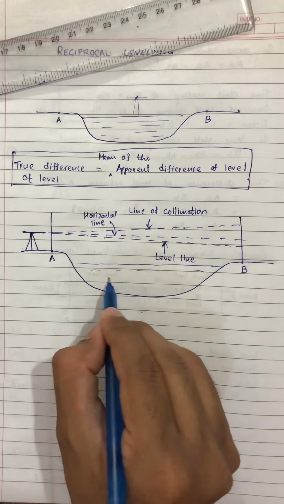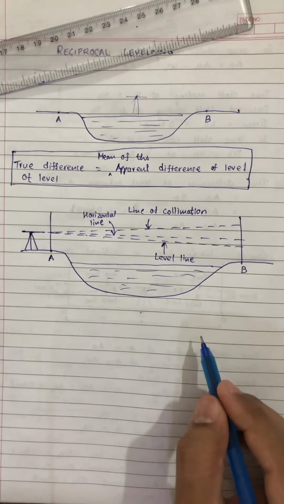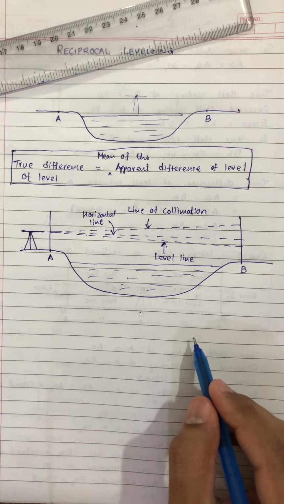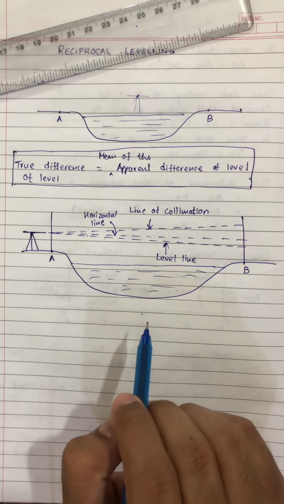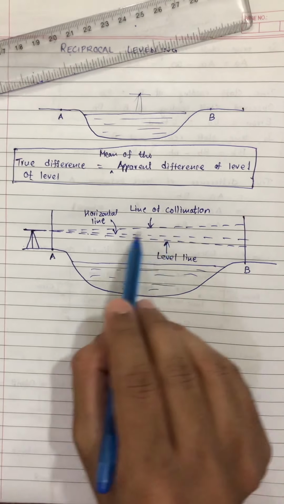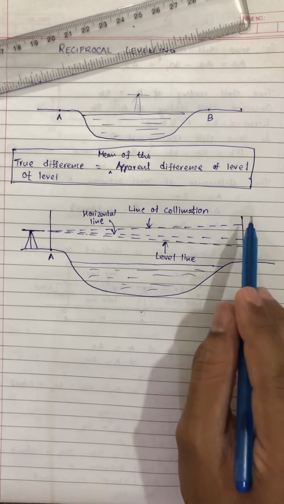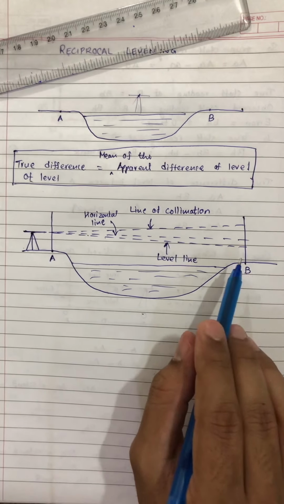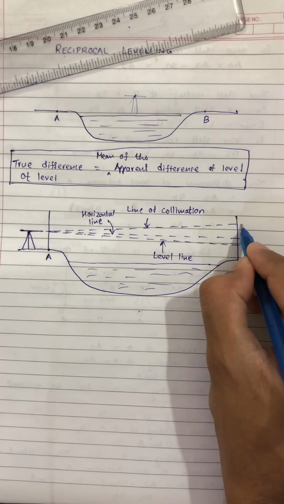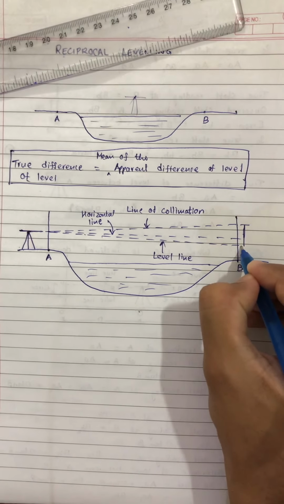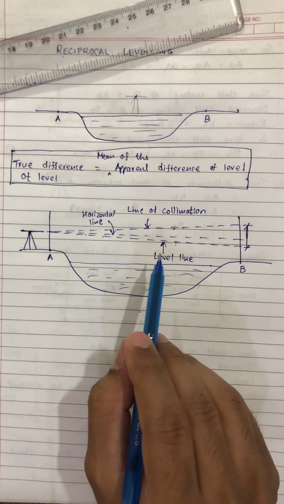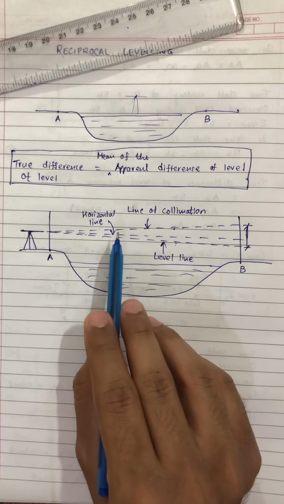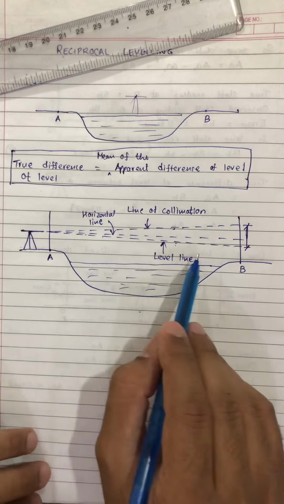This is a riverbed. Now if we need to find out the apparent difference of level between these points A and B, the error that will occur at staff B will be equal to the distance between the line of collimation and the level line, because during temporary adjustment the level line should coincide with the horizontal line and the line of collimation.